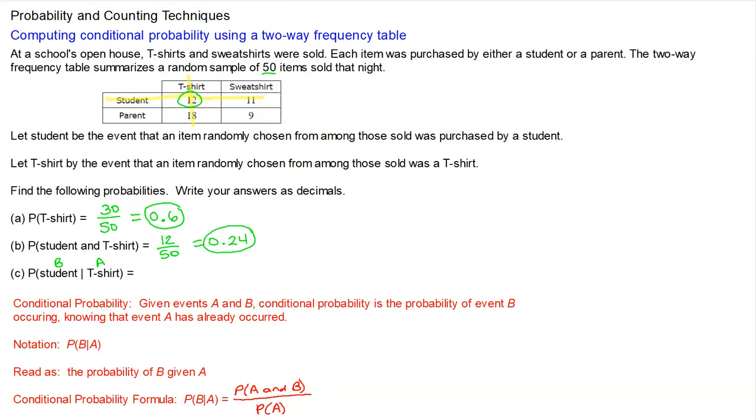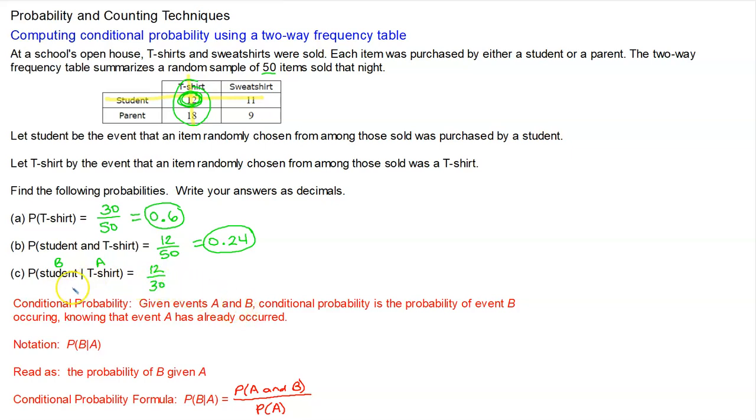Well, t-shirt and student were, back to this 12. And that is going to be over the probability of event A, which would be the probability of t-shirts. How many t-shirts were there? Well, t-shirts altogether, we had 12 plus 18, which is 30.